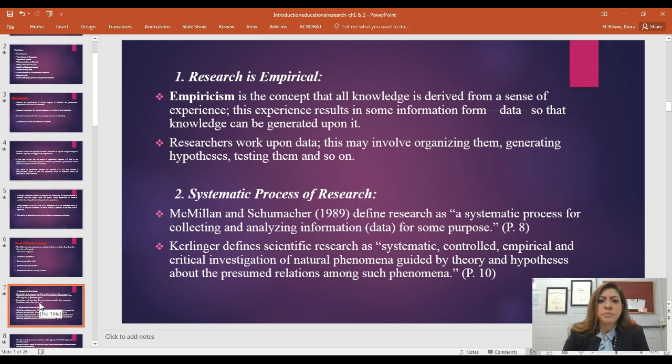So what is empirical research? Empirical research is this sense of practicality. It went through a specific experience. I went to the field and I practically collected data and experimented or explored this research.